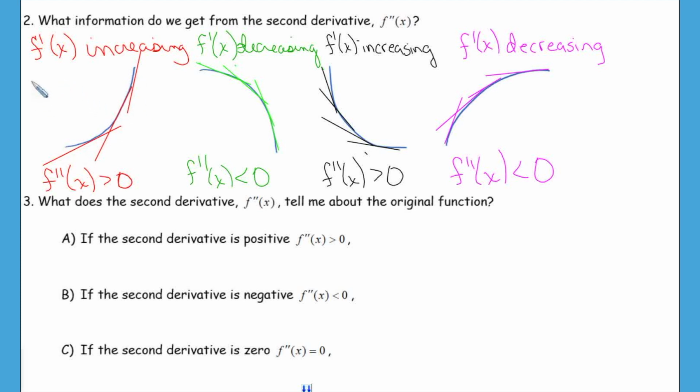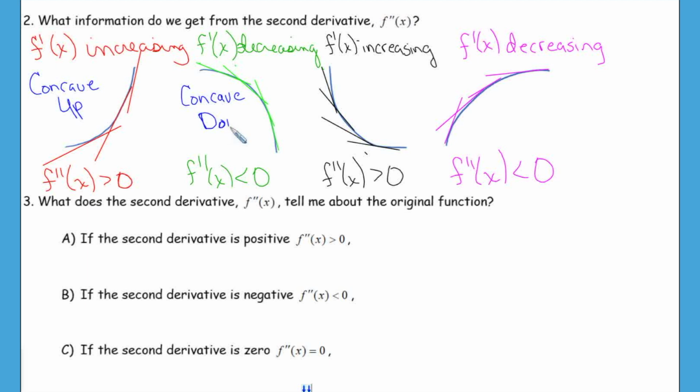We call this concave up. That's what it's called. If it'll hold water, or if it looks like your hand, either side of your hand when you cup it up, it's called concave up. This is called concave down.